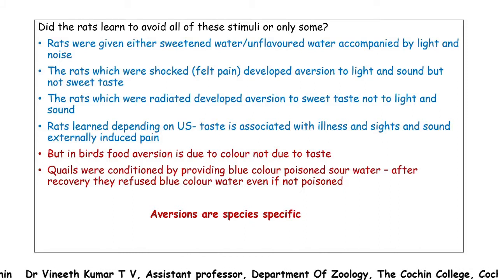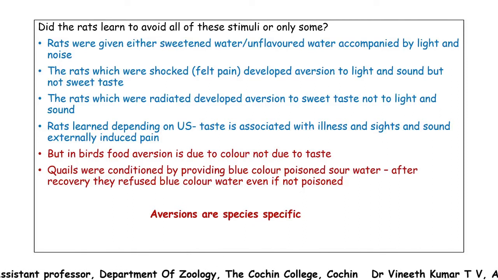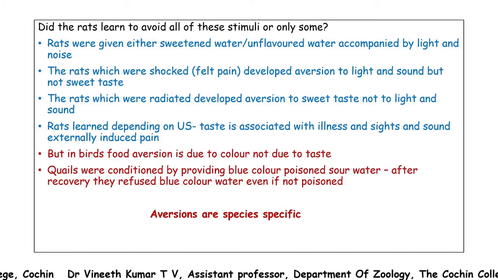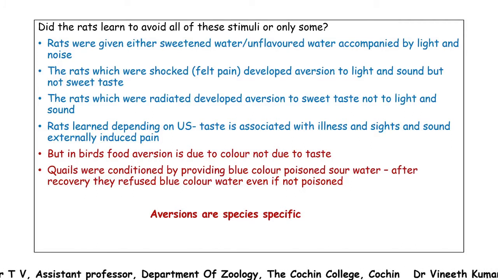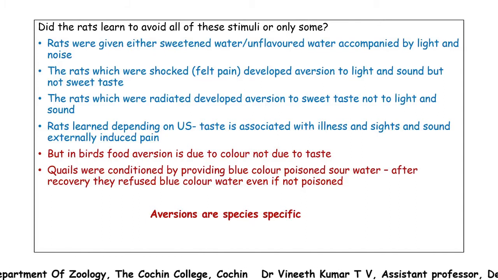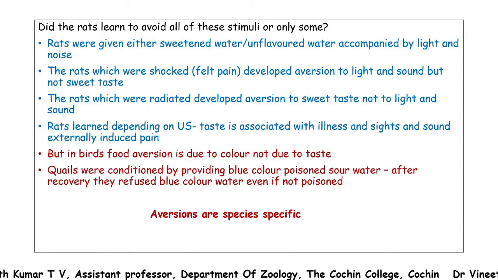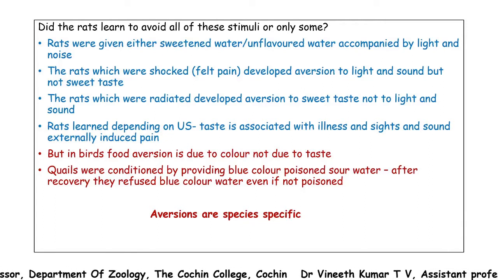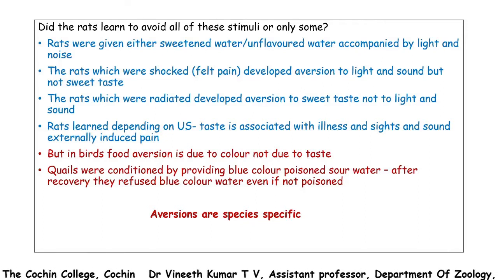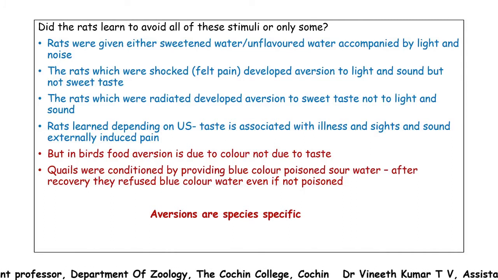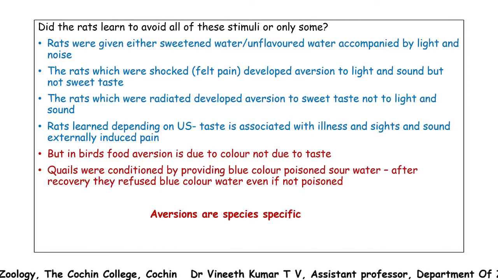So in the same experiment, when the rats were given the shock, they developed an aversion to the light and sound, but not to the taste. Here the correlation is with pain, because when you get a shock, you feel pain.